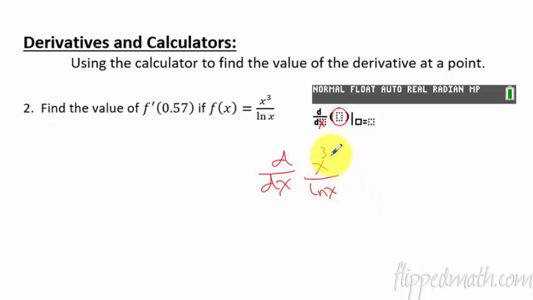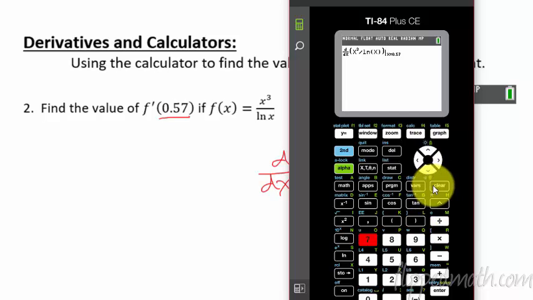So you type that whole thing into that space. Then you arrow over here. And then this is at what value are we going to take the derivative. When are we evaluating this? And it's at 0.57. So here you put into that box right there 0.57. Zoom in here and you can take a look.